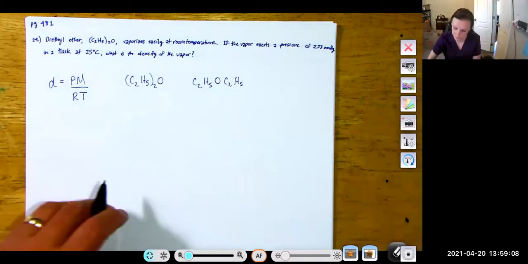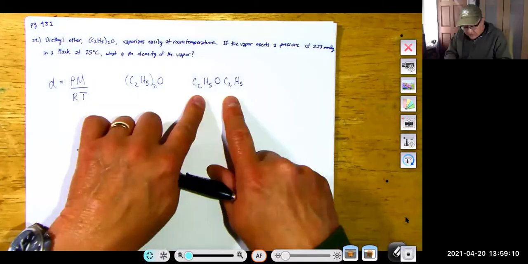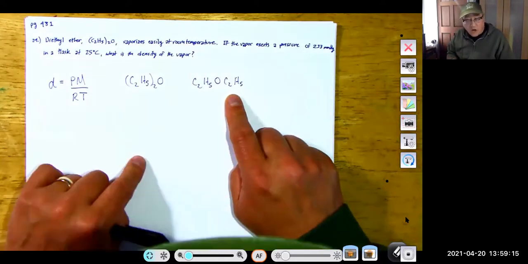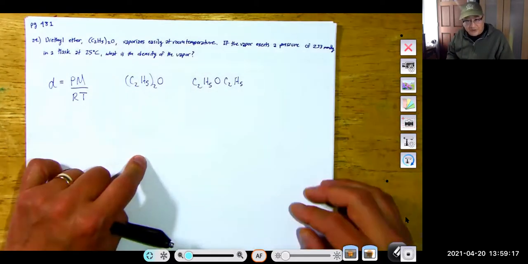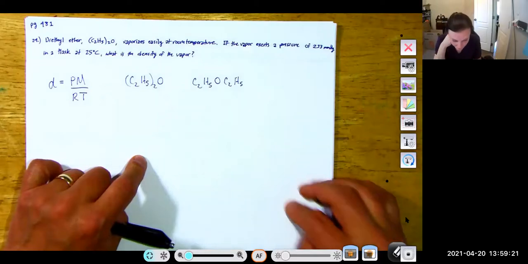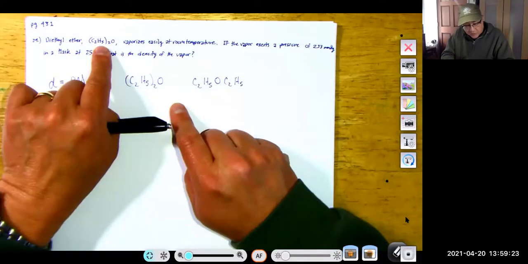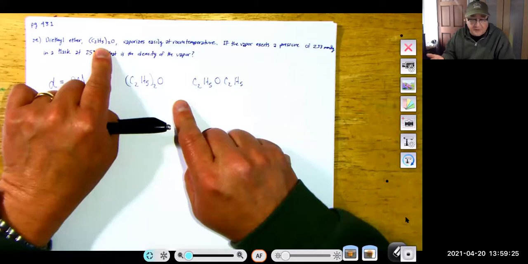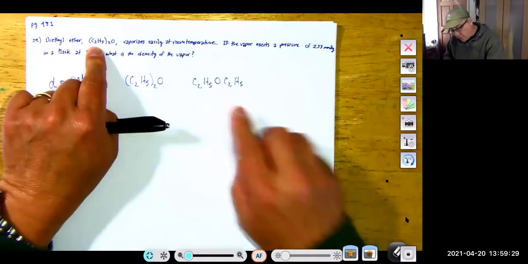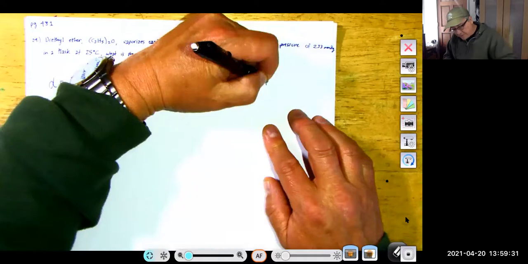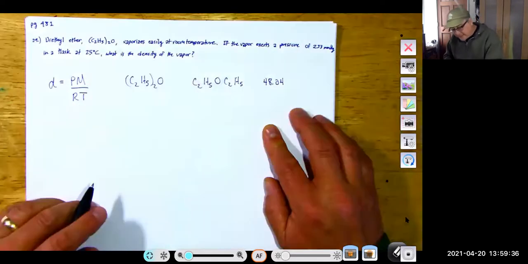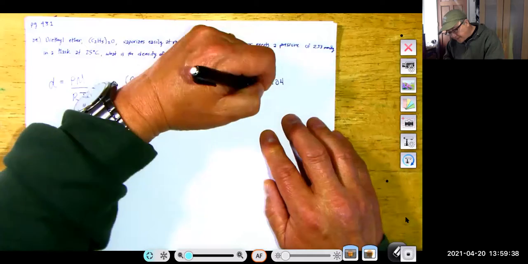I did this so that we understand that the molar mass depends on 4 carbons, 10 hydrogens, and 1 oxygen. That is to make this Tony proof so I don't screw up and say there's 2 carbons. There's 4. So 4 carbons is 48.04, because each one is 12.01. 10 hydrogens is 10.10.